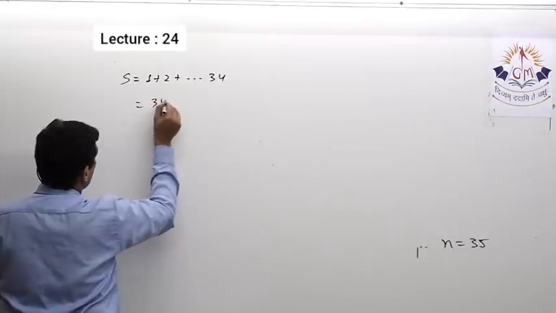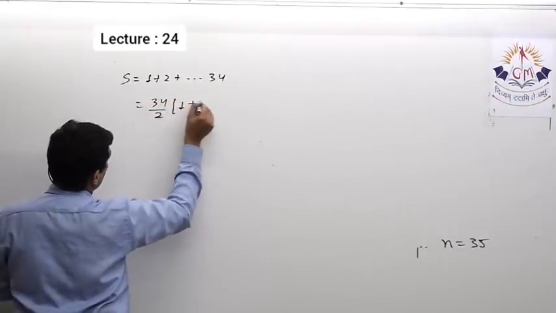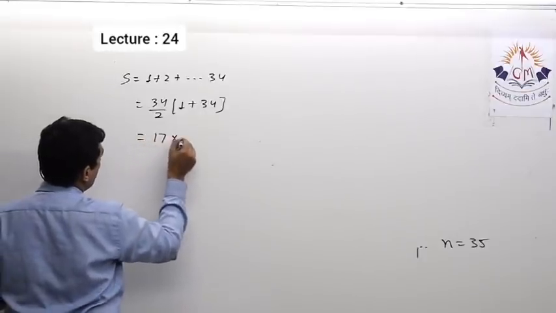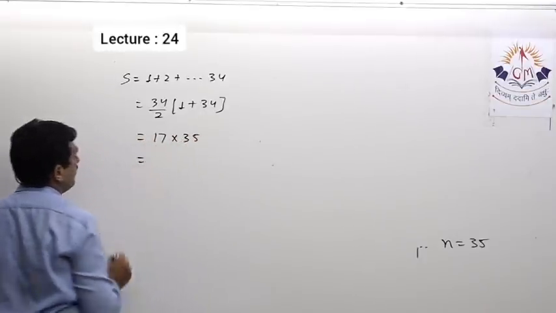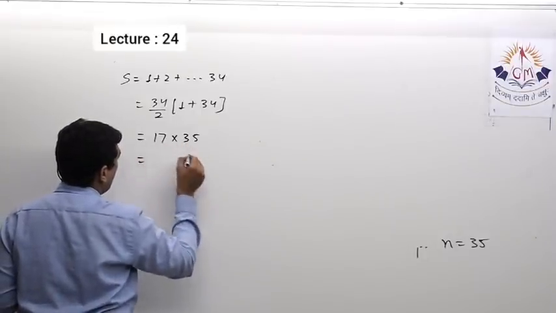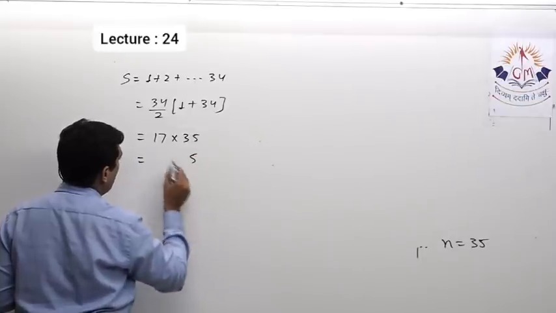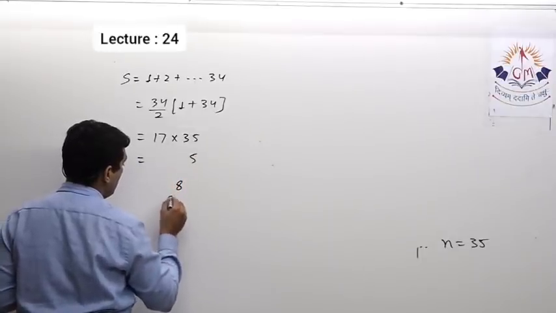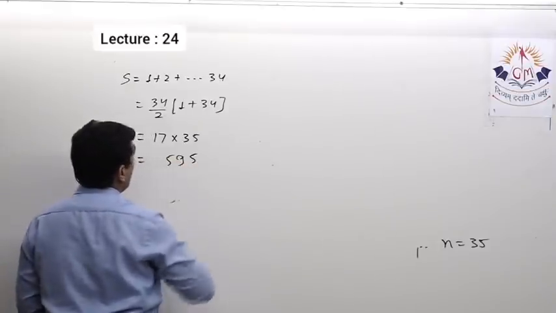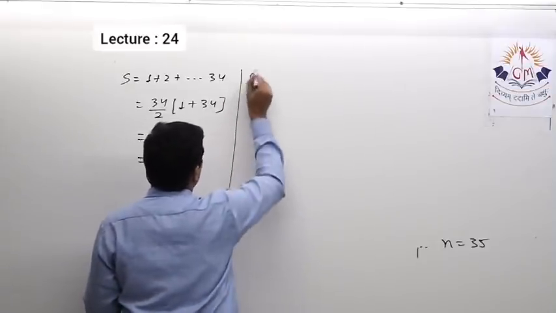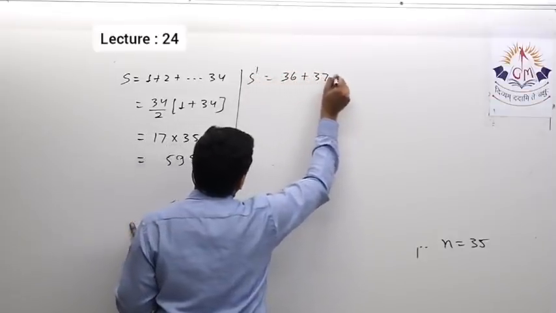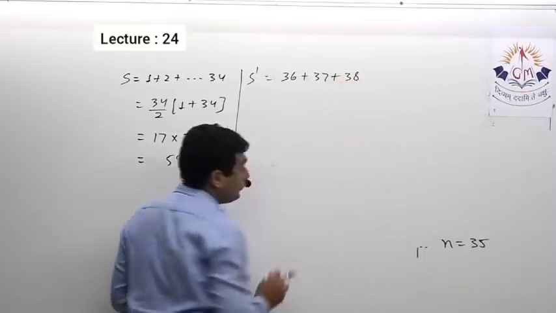Okay, 34 by 2, first term plus last term. Okay, so 17 into 35. 17 5s are 85, 5 carry 8, 17 3s are 595. Okay, now that should be equal to this S dash, that means from 36, 37, 38 up to 49.